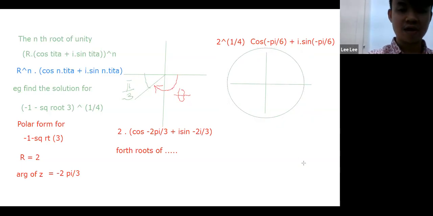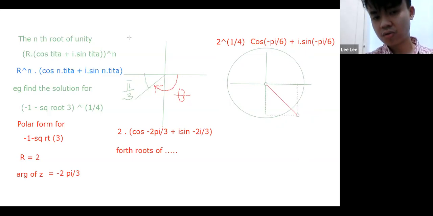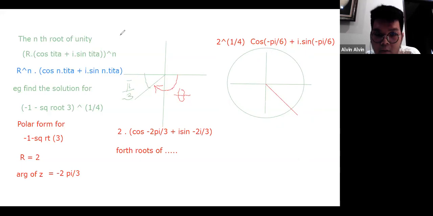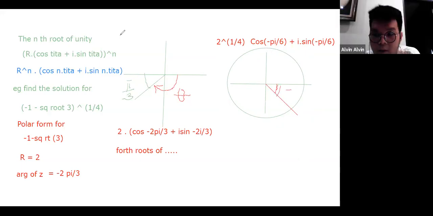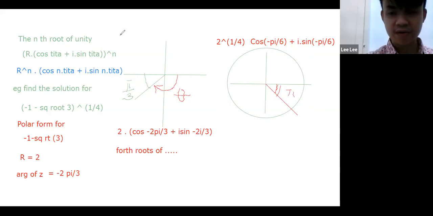For one of your answers just now, the radius is 2 to the power of 1 over 4, that's the radius already. And the angle is cos negative pi over 6; negative means clockwise, so just write pi over 6.